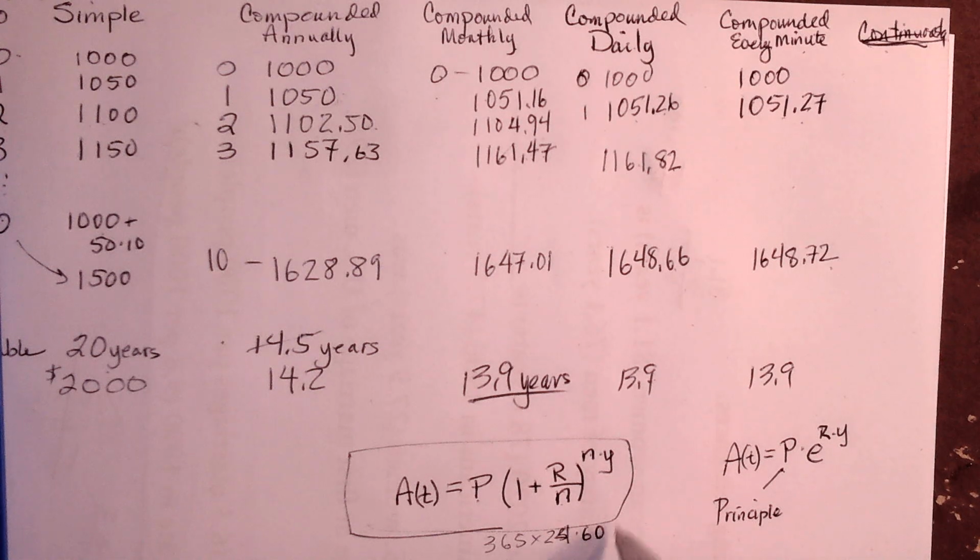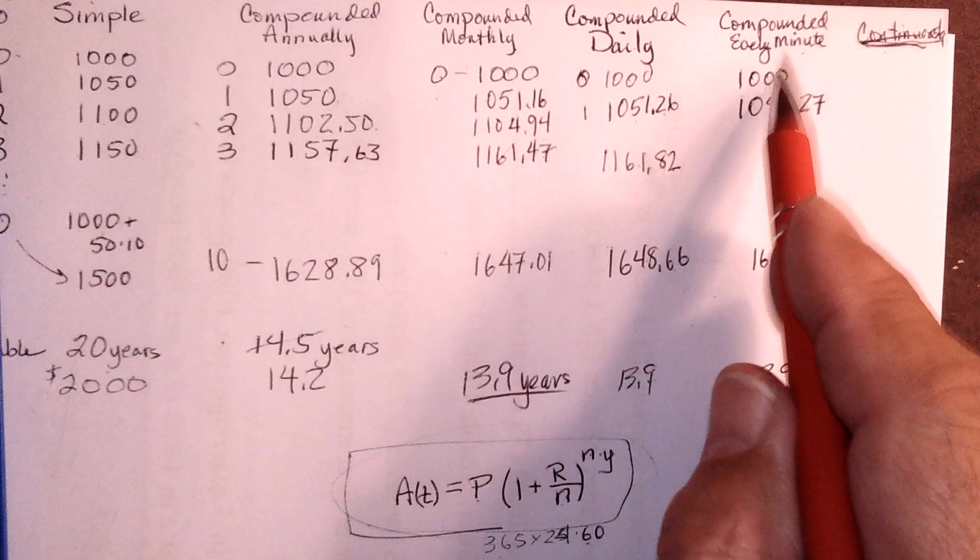And if we did it every second, it would be times another 60. That would be our n, whatever that is. And that would go here and here. And then for however many years. So that's the compound interest formula for doing any of these.